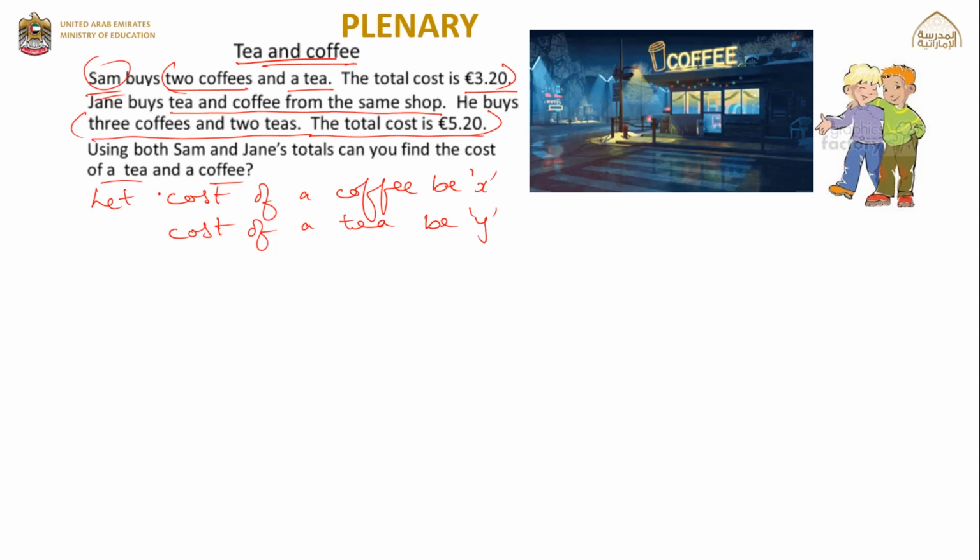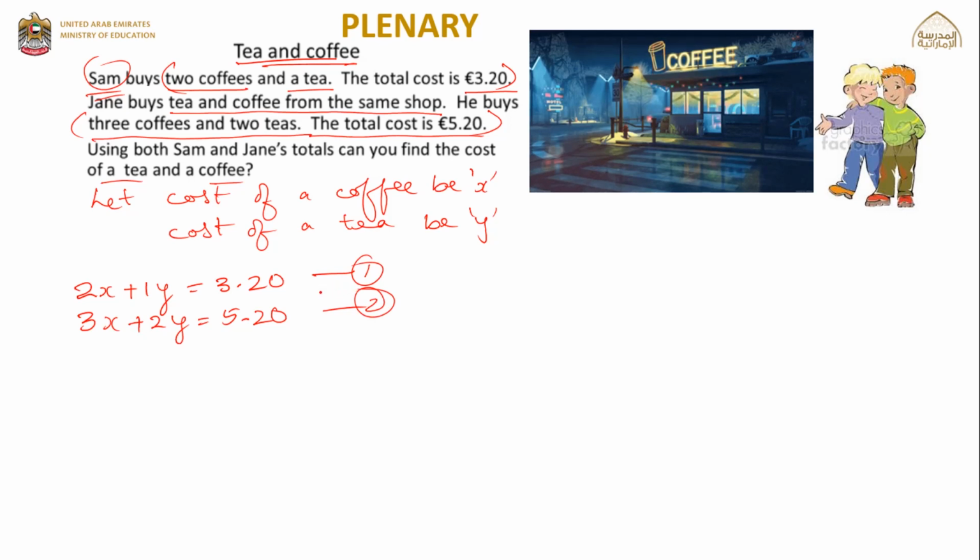Now it's easy to derive the system of equations. Using the first set of information, Sam bought 2 coffees plus 1 tea for 3.20 euros. Using the second set of information with Jane, he bought 3 coffees and 2 teas for the cost of 5.20 euros. Okay, let's label this as equation 1 and equation 2.